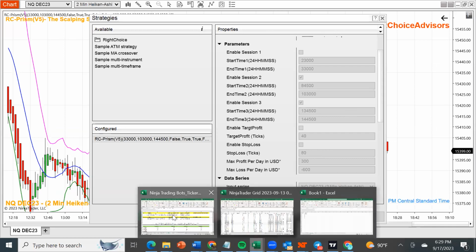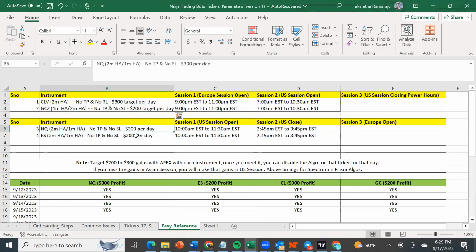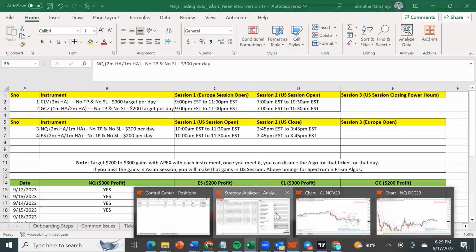These are the timings for CL and GC. These are the timings for NQ, ES, EMD, RTY, YM. They all follow the same direction. If we can follow this, then most of the days will be ending in profits.